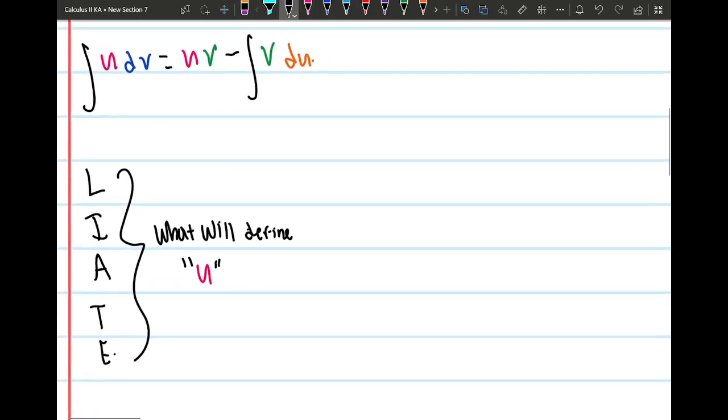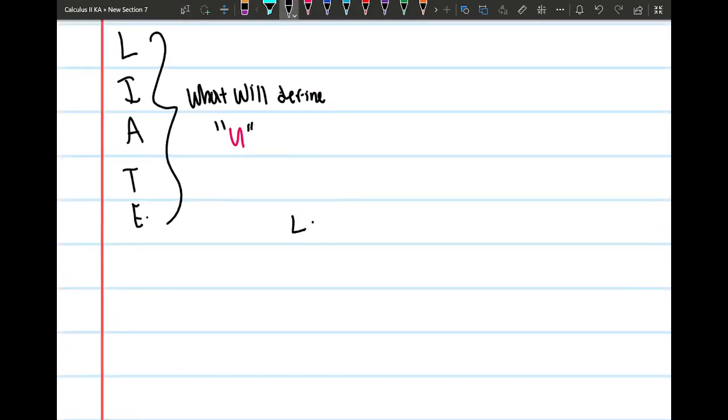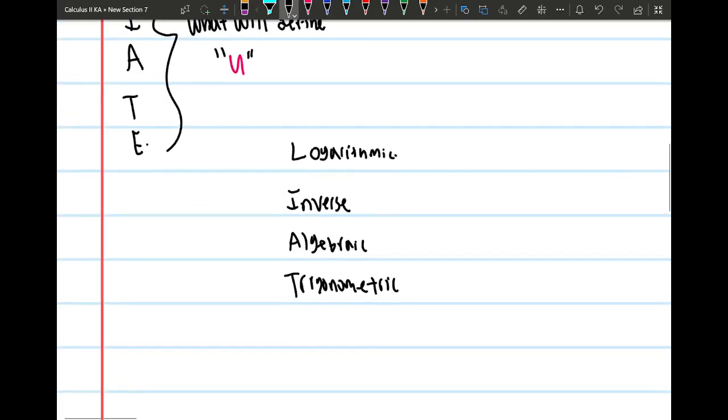It stands for logarithmic, inverse, algebraic, trigonometric, and then exponential.